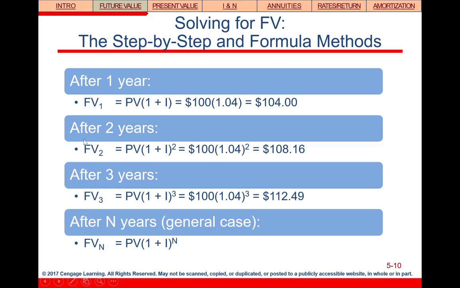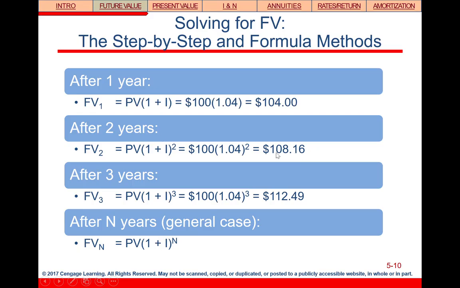So after 2 years, your future value should be your present value in the first period times 1 plus I%, which is 4% squared, meaning for 2 years, right? Then your rate of return should be 1.04 times 1.04, which is 1.0816.